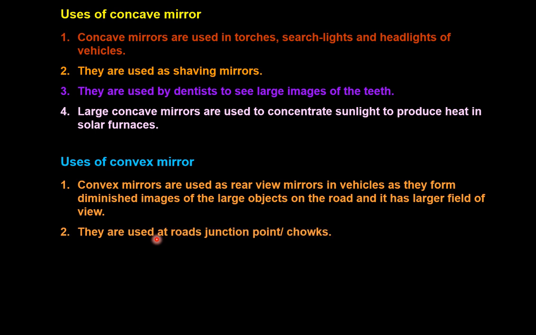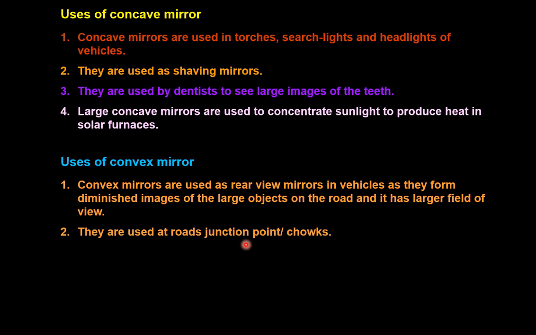Next, they are used at road junction points or chokes. In many cases, like in your society, in residential areas, we have seen that at the junction points of roads we fix a convex mirror so that we are able to see the traffic coming from the different road.